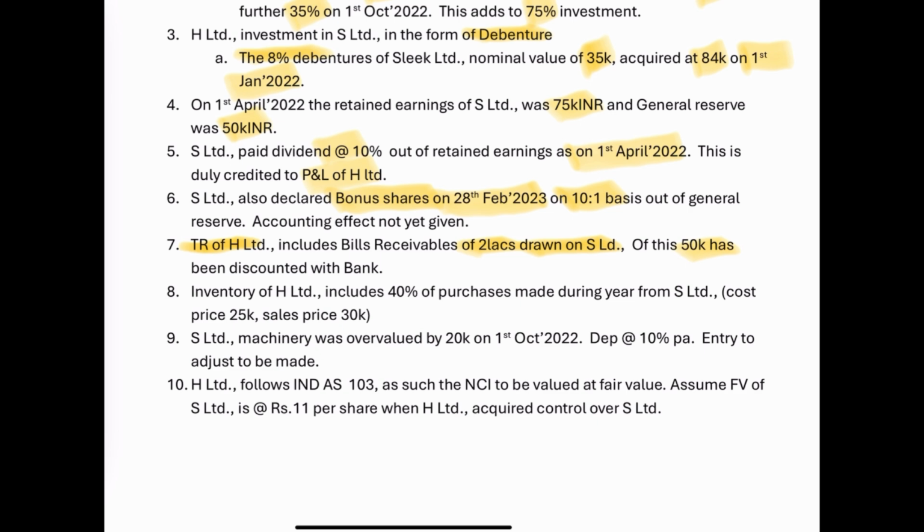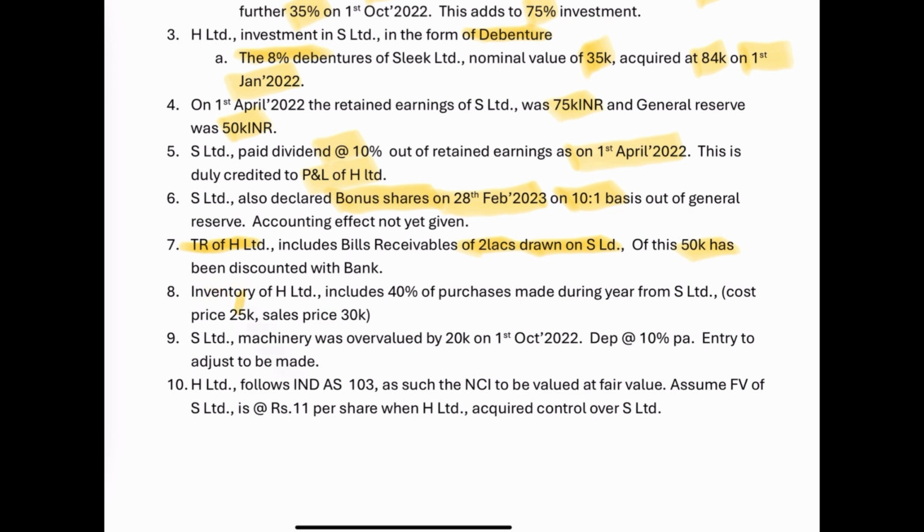But if something has been discounted, then to that extent we should not eliminate, because once it is discounted, the related party transaction gets knocked off. So this 50,000 actually becomes an external liability, not an internal liability. So we should not eliminate this 50,000. Out of 2 lakh, we'll eliminate only 150,000. Let's go through it in detail later.